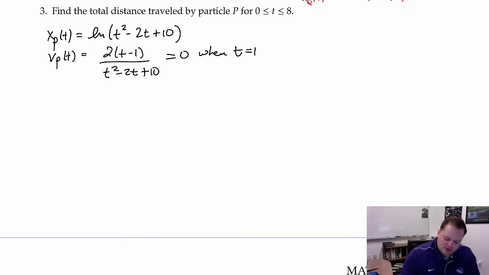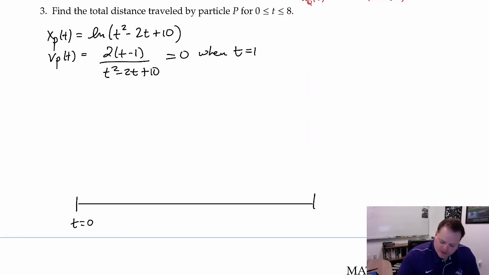So what I'm going to do is create another timeline. Make this one a little bit larger here. So t = 0 all the way up to t = 8. Now, here's the thing.